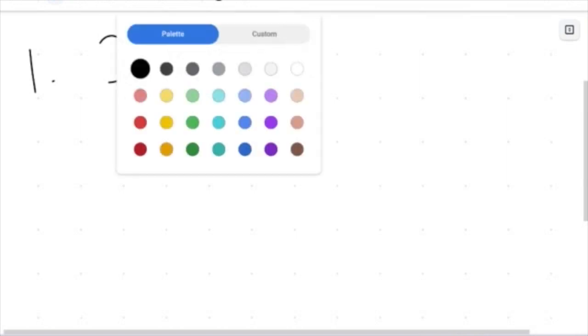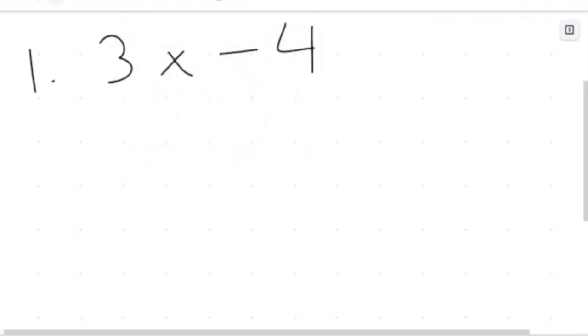Instead of it being positive 4, I'm taking 3 lots of negative 4. So I have 3 groups of negative 4 all adding together.